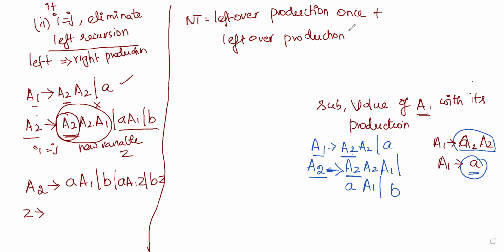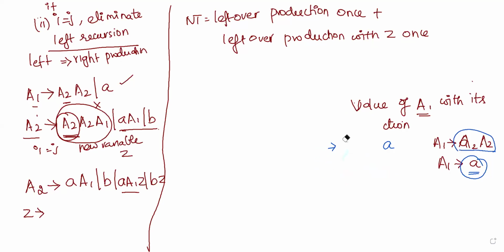So the leftover production is A1 B, I have written it, and the leftover production with Z is A1 Z and B Z once. This is your non-terminal. Now you have eliminated the entire problem-causing part from the non-terminal.